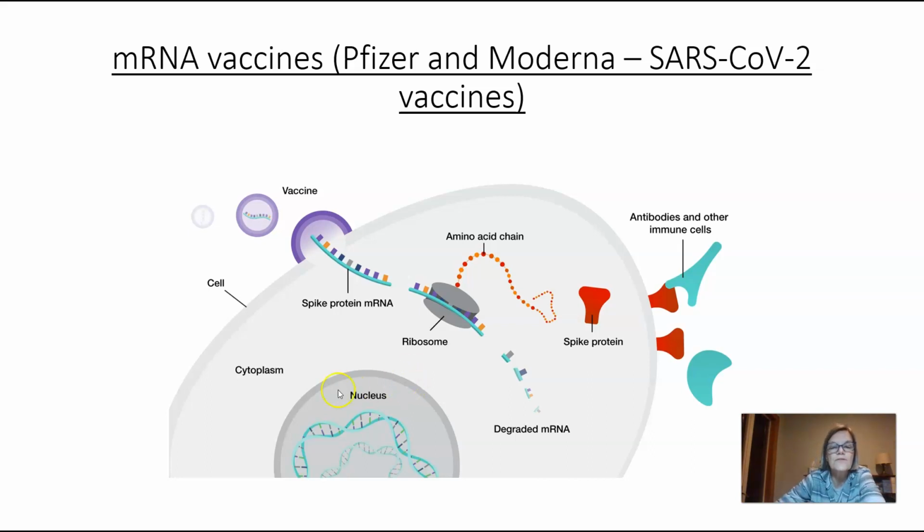So even just a few hours after this RNA is injected, or I think it's actually more like a few days, after a few days, this mRNA is completely gone. mRNA is not very stable. So you're going to make a lot of protein, and then the RNA is going to degrade and it's gone.